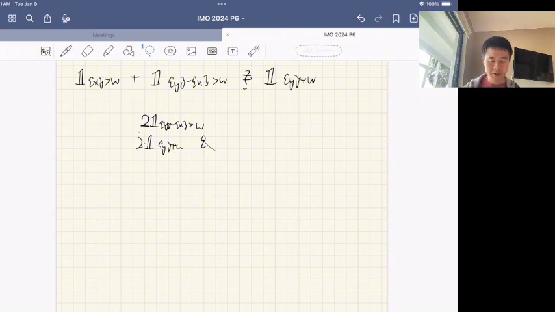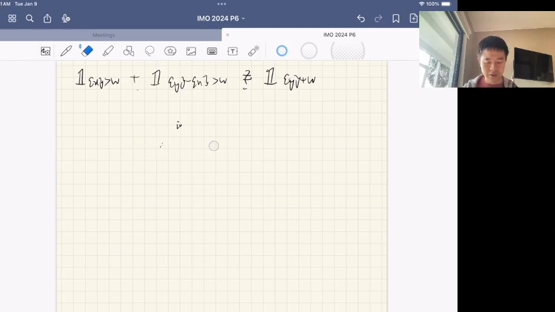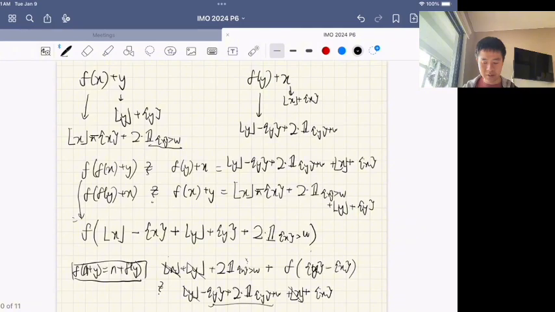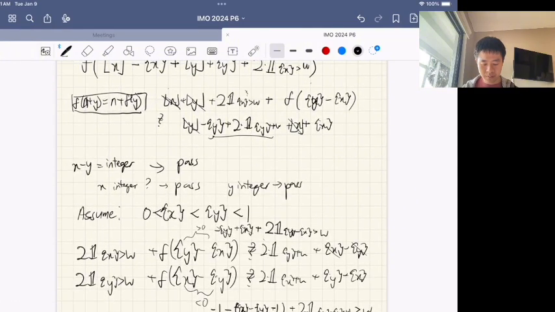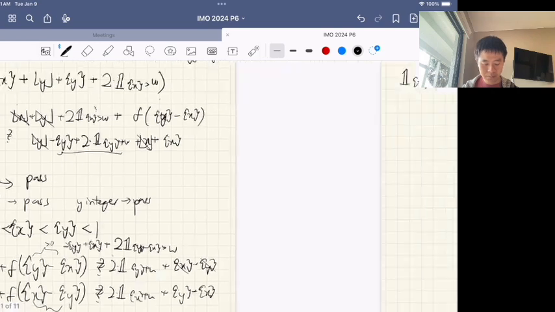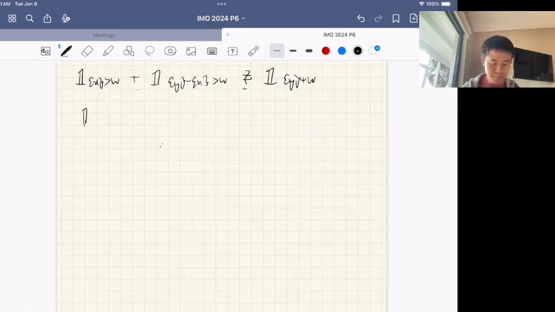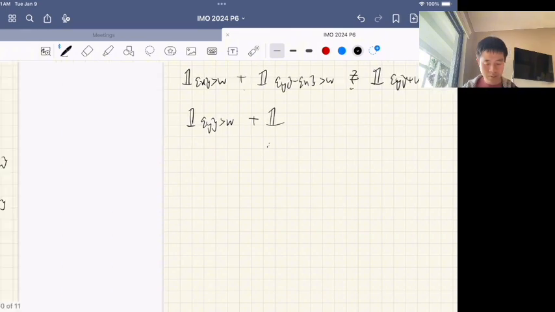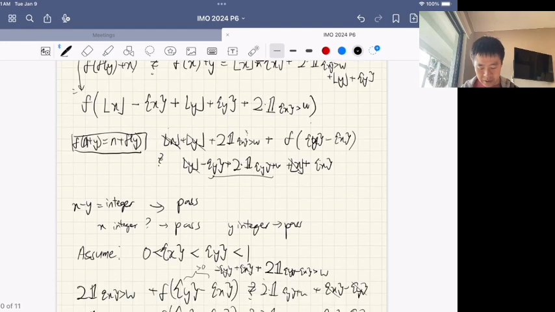Okay, and then similarly we can have something like this one for the next set of equality. And do we have a, but this is a, yeah.